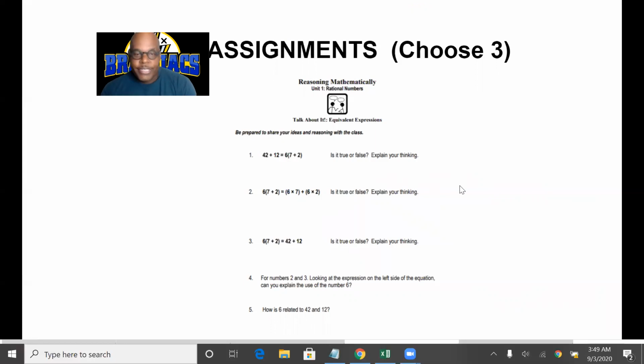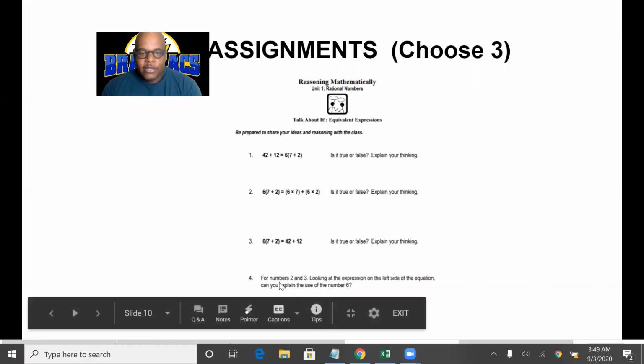So you could choose to do the even numbers, you could choose to do the odd numbers, and then add an additional one. Question number 4 asks you to look at questions number 2 and 3, the left side, and see what is the use of the number 6.